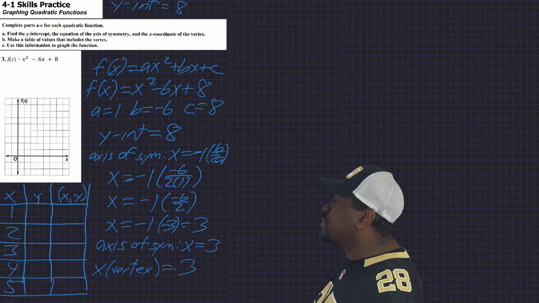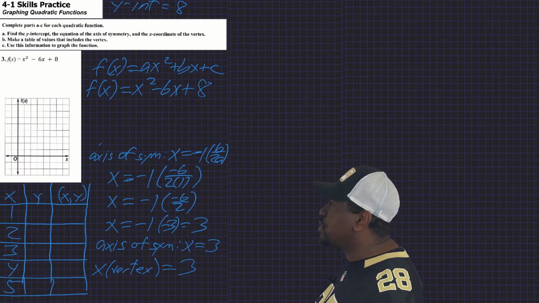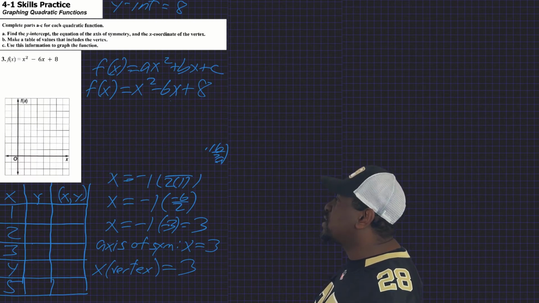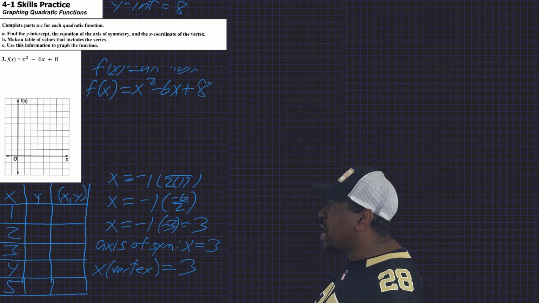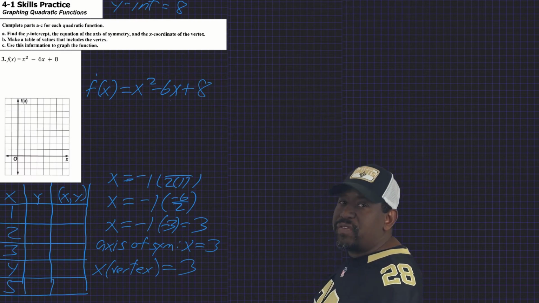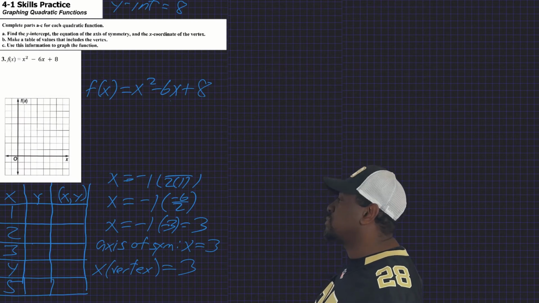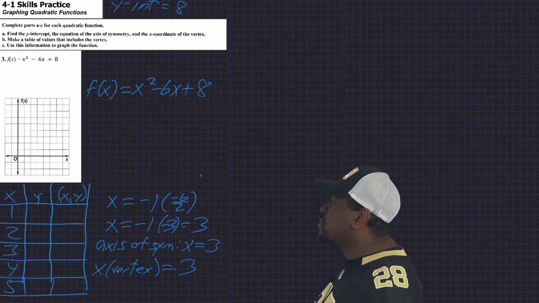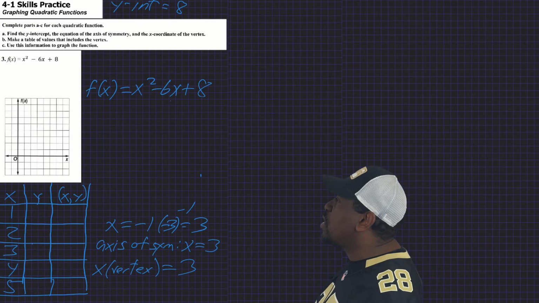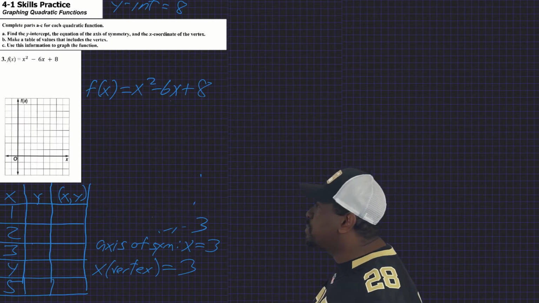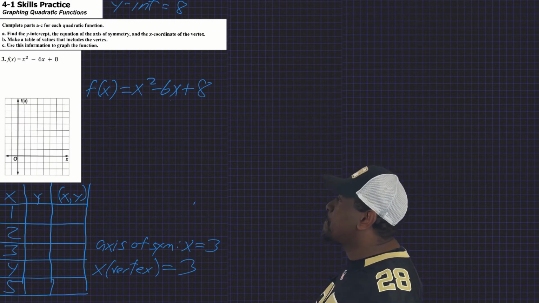So now that we have picked our x values, we will substitute into the equation f of x equals x squared minus 6x plus 8 to find our y value, since we know f of x is equal to y. It's the same thing, which I will probably write here in the table on the board in a few seconds.